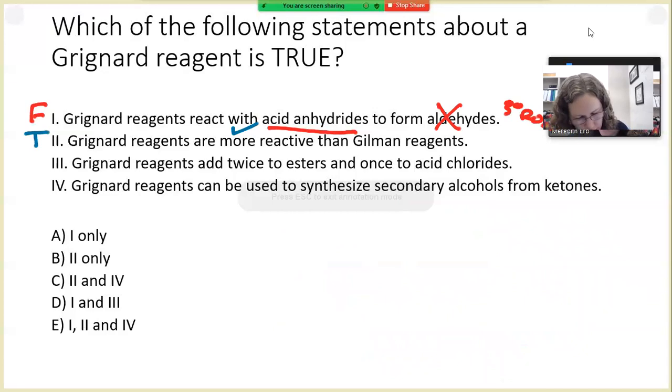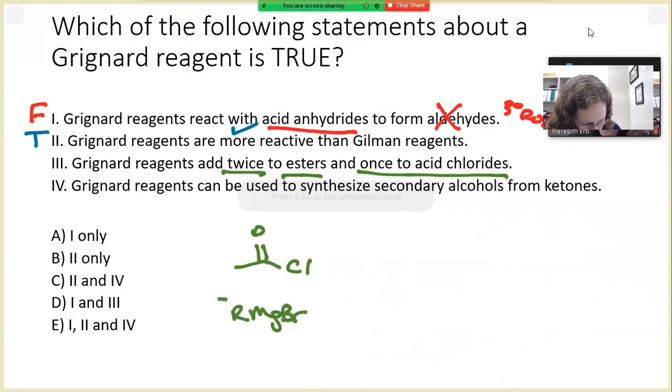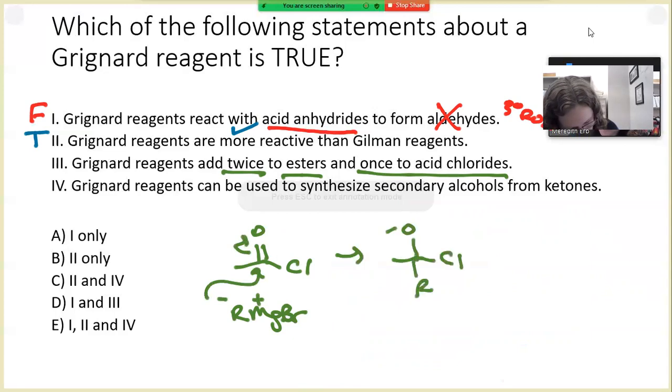Statement 3 says that Grignard reagents add twice to esters, but only once to acid chlorides. So acid chlorides react just like the acid anhydrides do. So if you have your acid chloride and you bring in your Grignard reagent, we see this first reaction to make a tetrahedral intermediate. We kick off the chlorine, we form a ketone, and then the Grignard reagent comes in and attacks again.